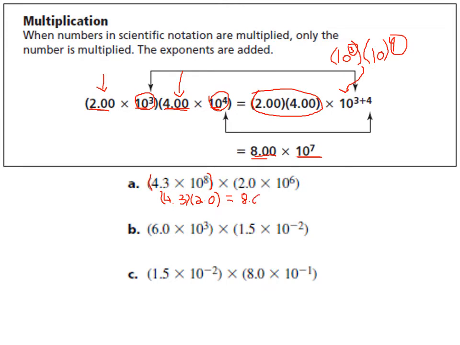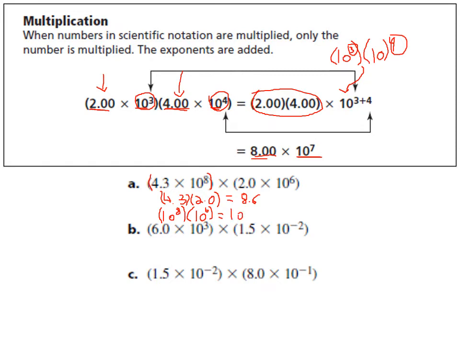So we have the first part of our number written out. Now we just need to do the 10 to the power of 8 times 10 to the power of 6. And that's going to be 10 to the power of 8 plus 6.